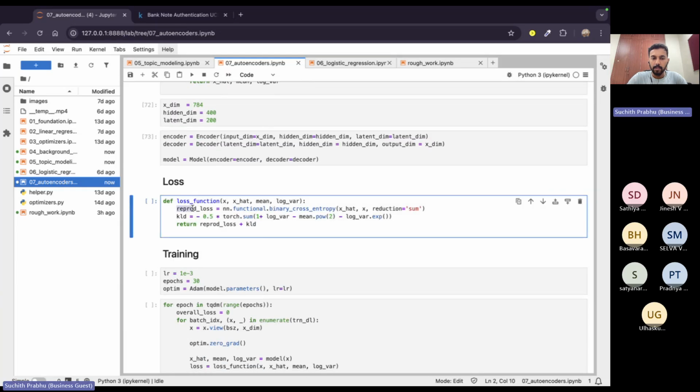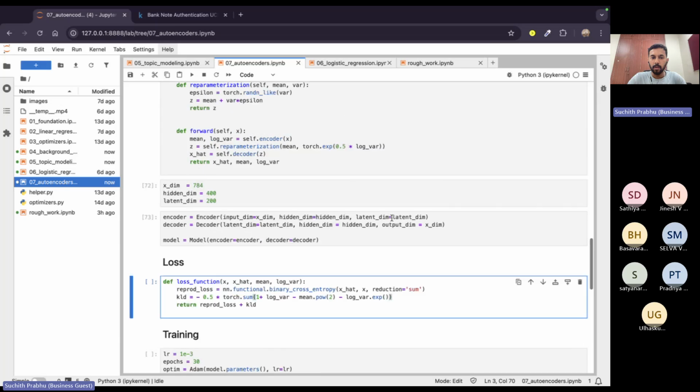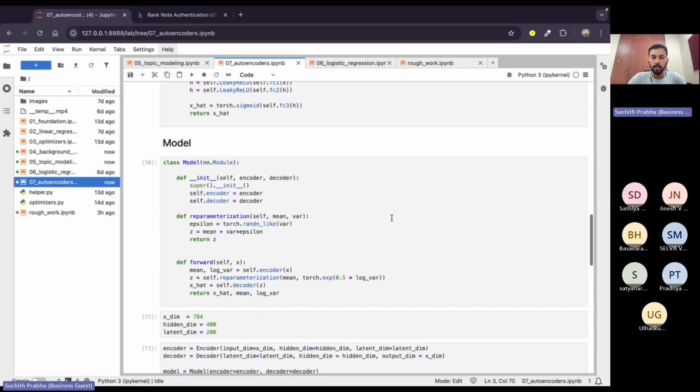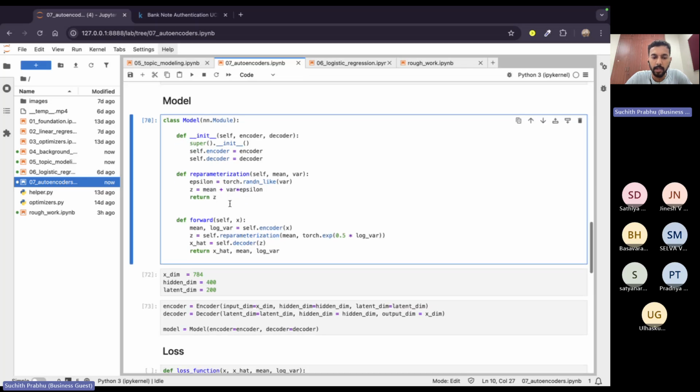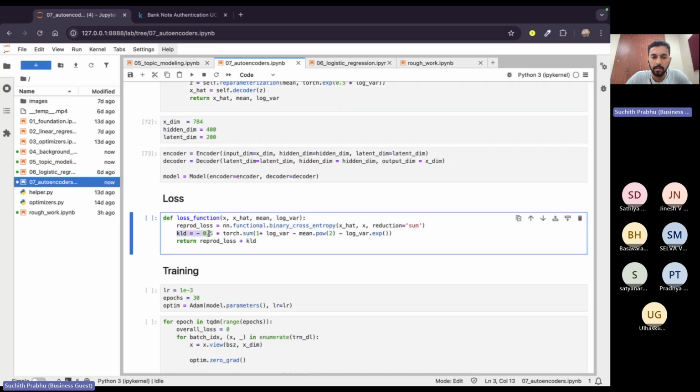Okay, so it's just the binary cross entropy, which is our reconstruction loss, and there's one more, the KL divergence loss. So here what we are trying to enforce is we want the distribution to be close to zero mean and unit variance. So to impose that, we have this KL divergence now.